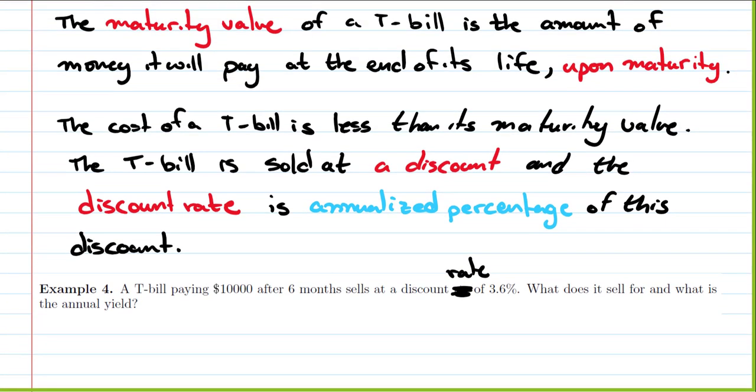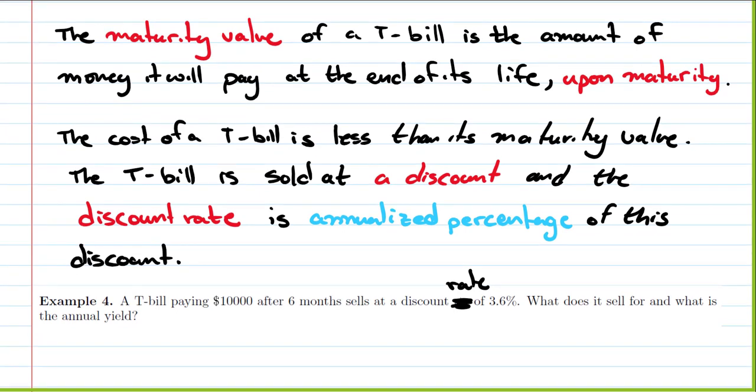So, example 4, a T-bill paying $10,000 after 6 months sells at a discount rate of 3.6%. What does it sell for, and what is the annual yield? So the first thing that we need to take into account is when they say it sells at a discount rate of 3.6%, that means that is the annualized percentage.